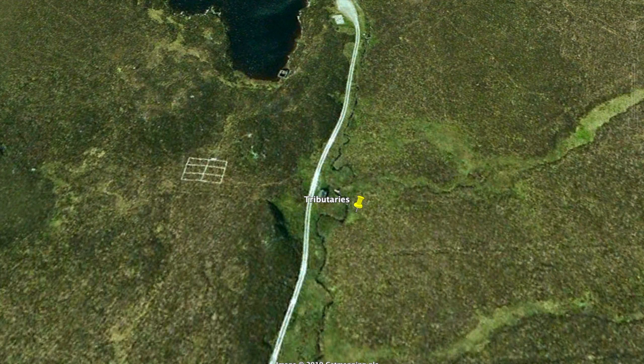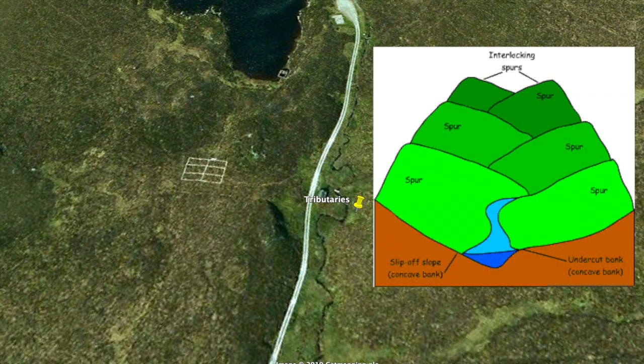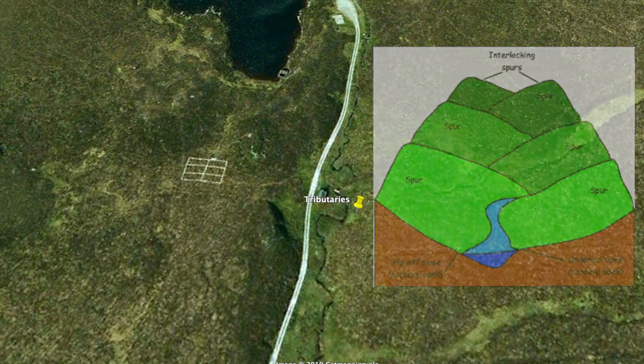The upper courses of the river here and near to the confluences normally take place in the mountains. The river forms its path by cutting through the softest and most easily eroded rock, normally forming a winding path through the mountains. This winding river path takes place through interlocking spurs. As you can see in the picture, the river curves through, as that is the path it was easiest for the river to cut through.